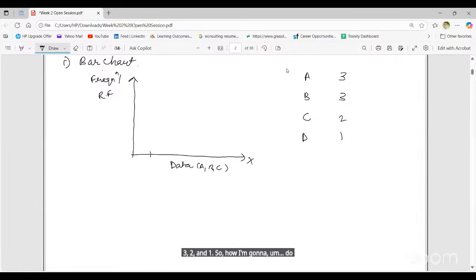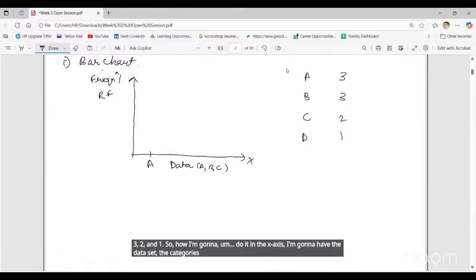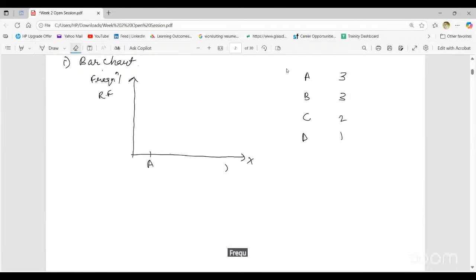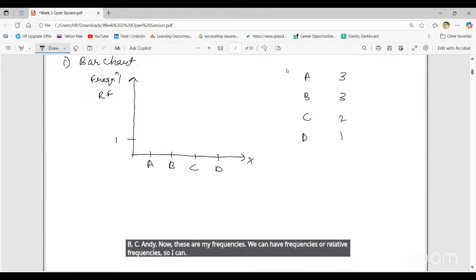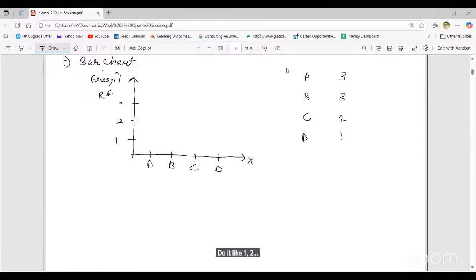In the x-axis I'm going to have the data set, the categories, that is A, B, C, and D. Now these are my frequencies, or relative frequencies. So I can mark 1, 2, 3, and 4. Now for A, it is 3. So we are going to make a bar here. It will be somewhat like this.